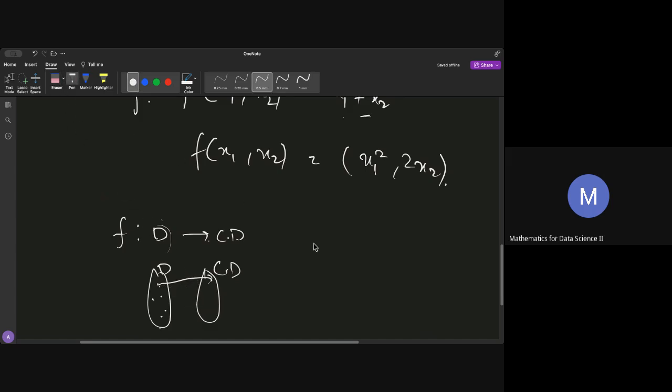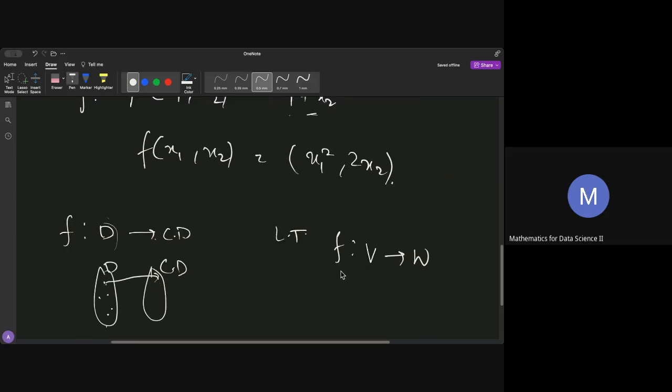But a linear transformation has an extra condition. It's a function from a vector space to another vector space, like from Rn to Rm, where the image of x plus y, the image of the sum of two elements, should be equal to the sum of the images of those two elements.